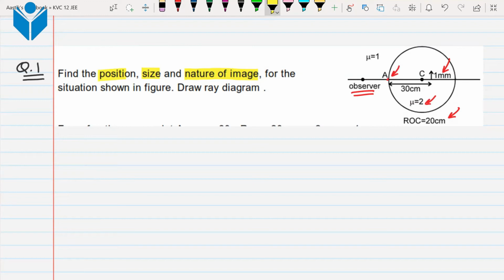Yes or no? You can solve this one for me. Please let me know. Plus 0.85, sir. That is the magnification, sir.